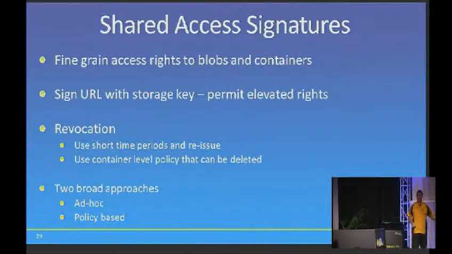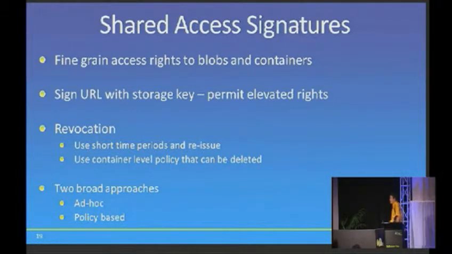That way we can delete the policy later on, and it effectively revokes that URL. If you don't follow one of those two approaches, you are not able to revoke. So you effectively have a hot URL out there that has elevated permissions. You must treat that URL as a pretty sensitive bit of data. Treat that URL as you would treat things like password data, as you would treat any other type of encryption key.